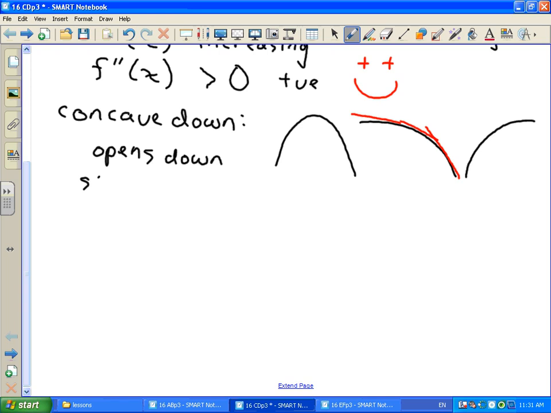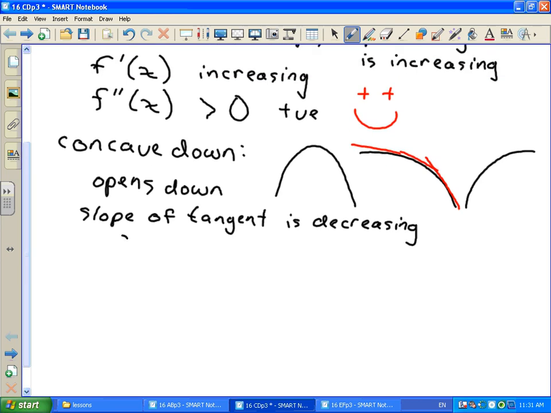So we can say the slope of the tangent is decreasing, okay, which of course tells us that our first derivative is decreasing.